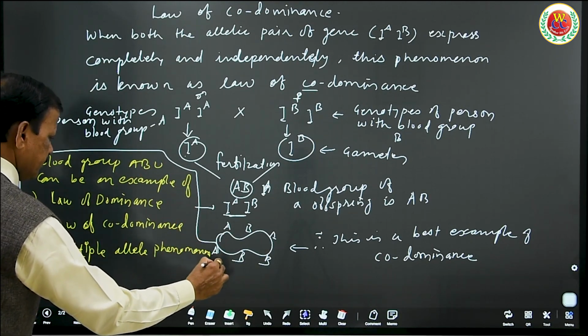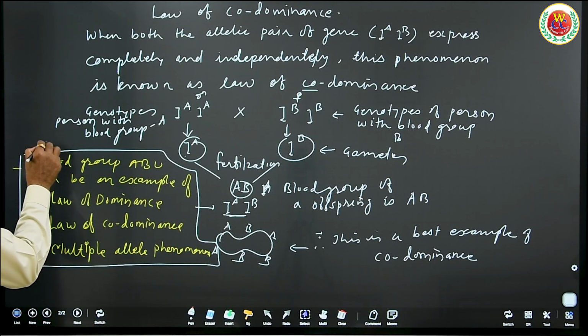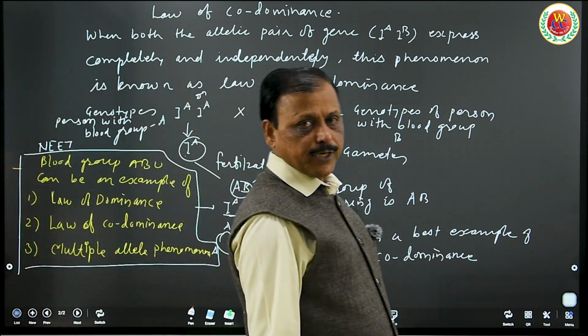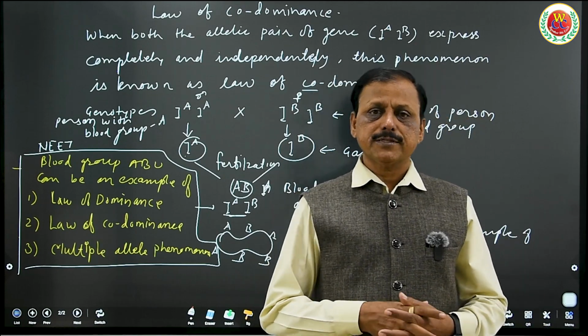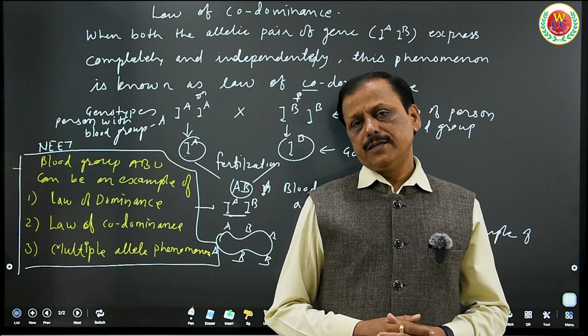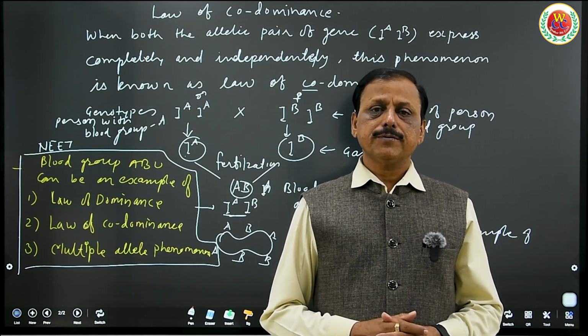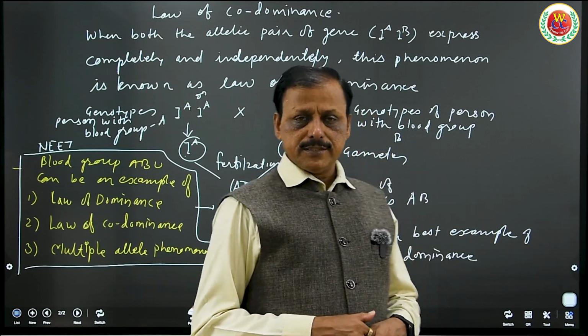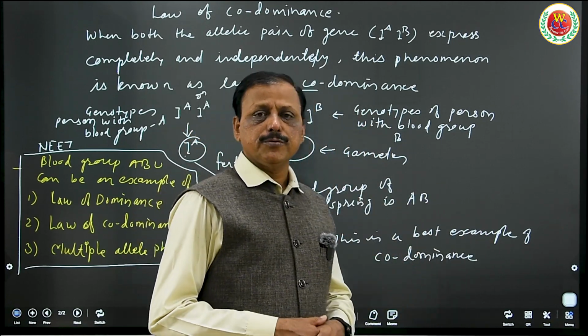As a concept you did understand, but please remember this question can be asked: blood group ABO is an example of A, codominance, B, incomplete dominance, C, multiple allele phenomenon, and D will be all of these. So please remember, all of these can be the answer for blood group ABO.